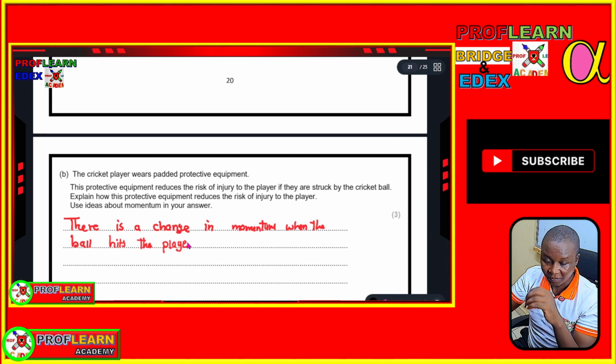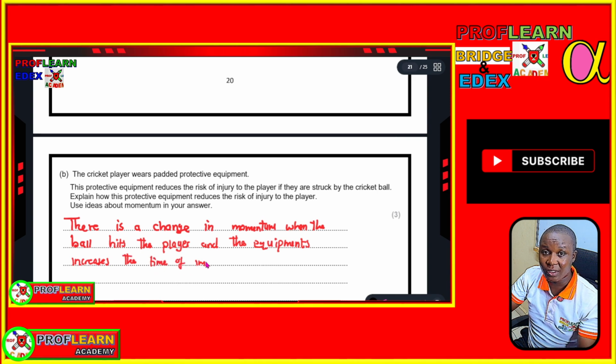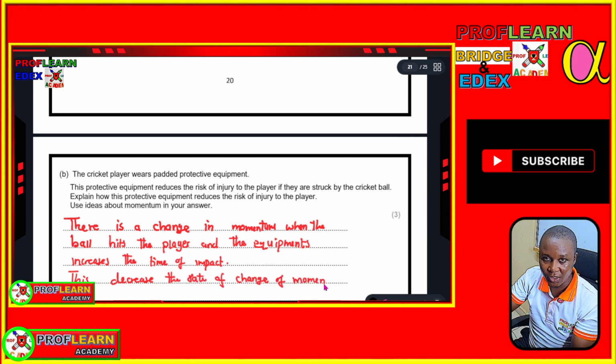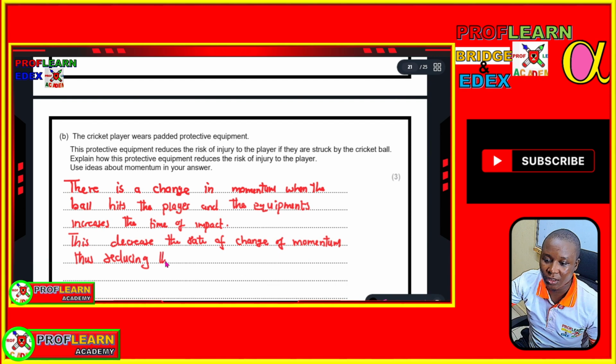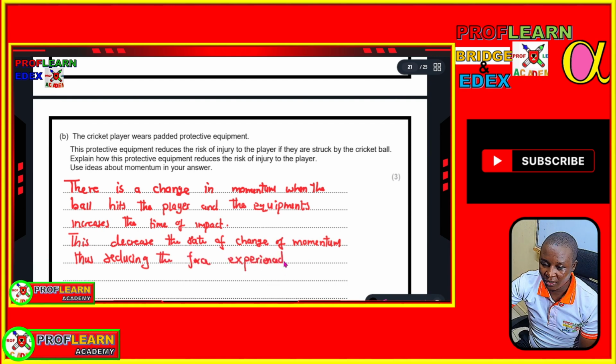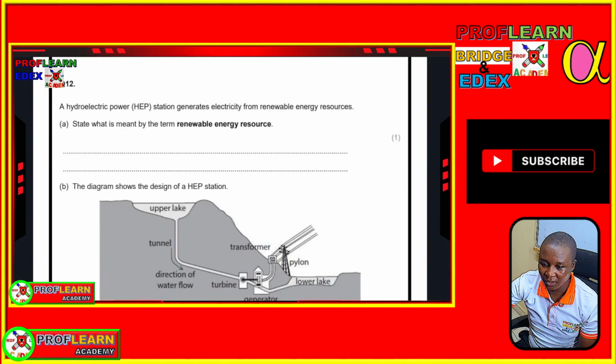There is a change in momentum when the ball hits the player, and these cushioning materials increase the time of impact, and this decreases the rate of change of momentum. And when the rate of change of momentum is decreased, the force experienced decreases.